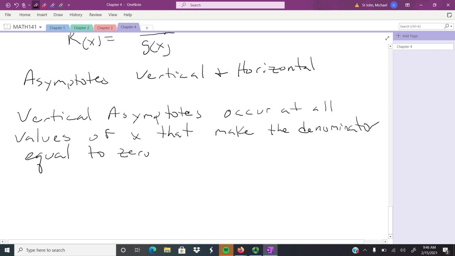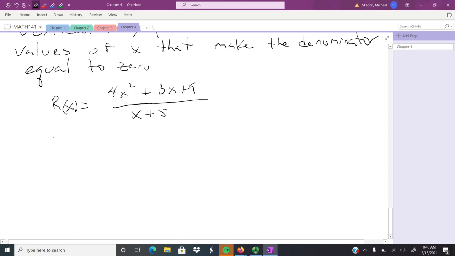So, for example, if we had this, r of x is equal to 4x squared plus 3x plus 9 over x plus 5. Right? Well, there will be a vertical asymptote at the value of x that makes this equal to 0. And so we have x equals -5.